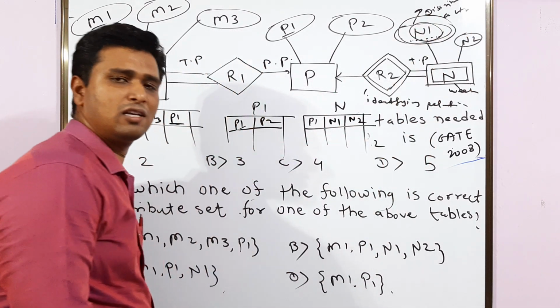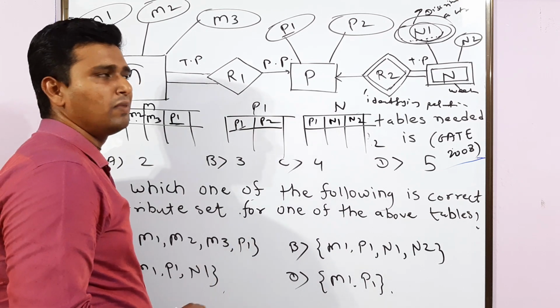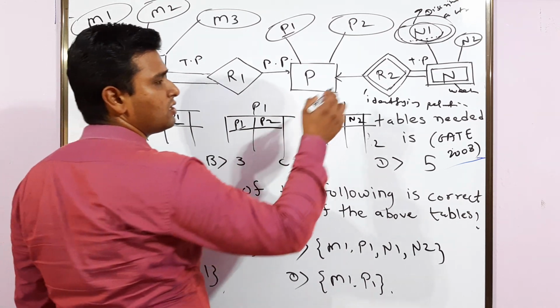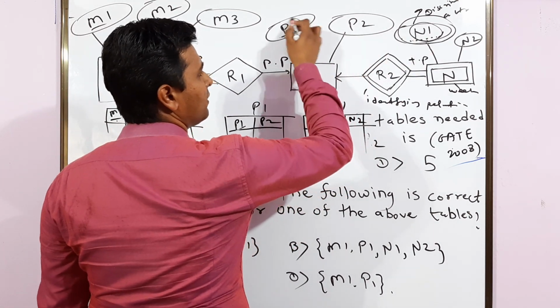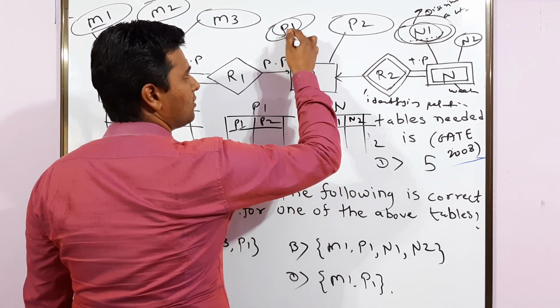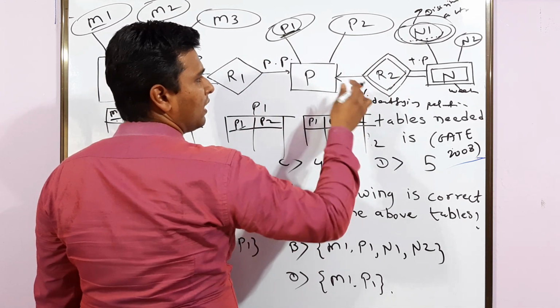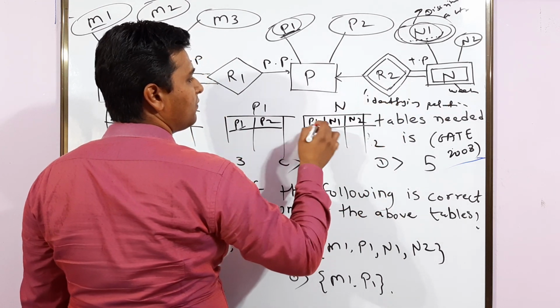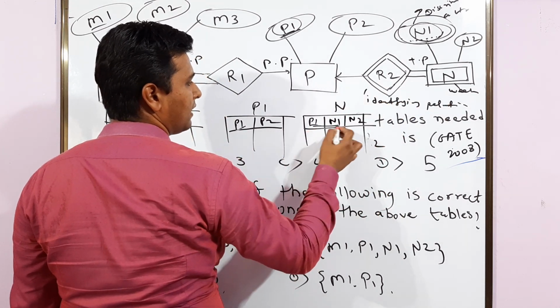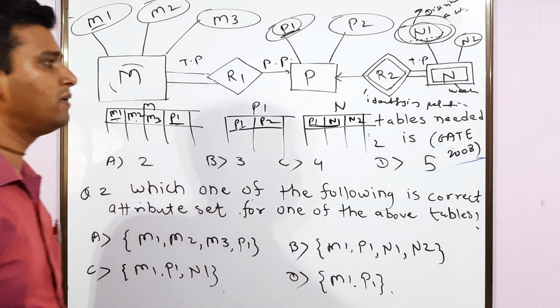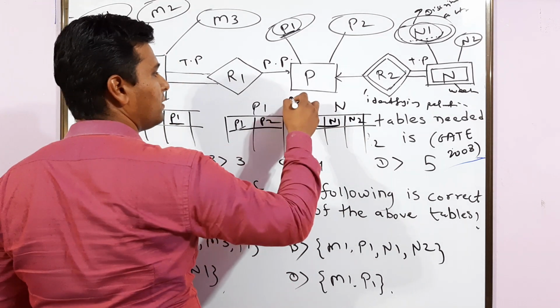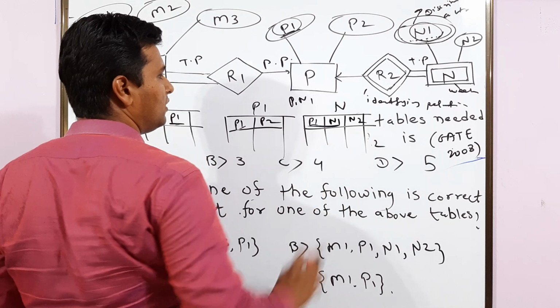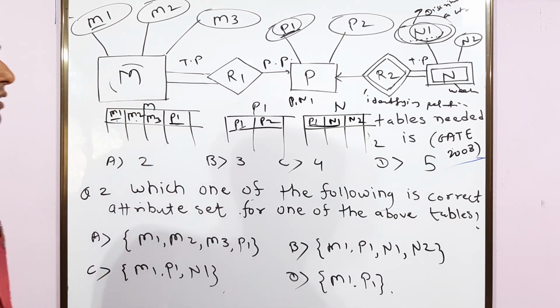The meaning of a discriminator attribute is that it should take help of another key, it should be combined with the primary key of the other, associated table. So in this case we add P1 and N1 as the key. Both are primary keys here, so P1 N1 is the primary key. And N2 is a different attribute.